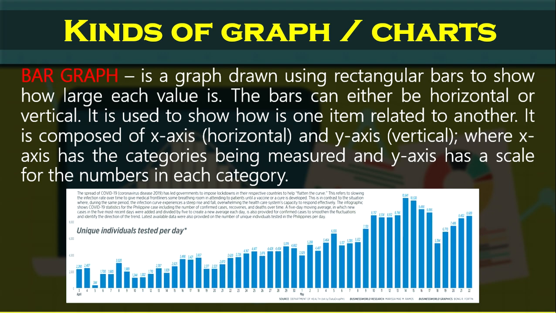Usually bar graphs are for comparison among distinct categories. So as you can see here, we have each day, the number of unique individuals that is tested daily during the pandemic, from April up until May.